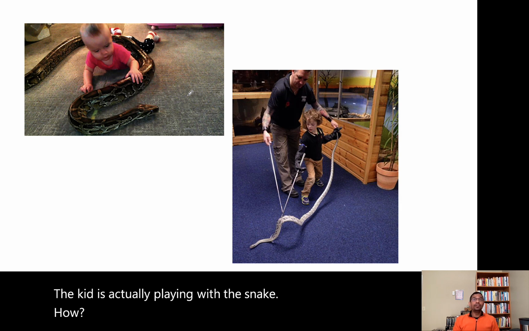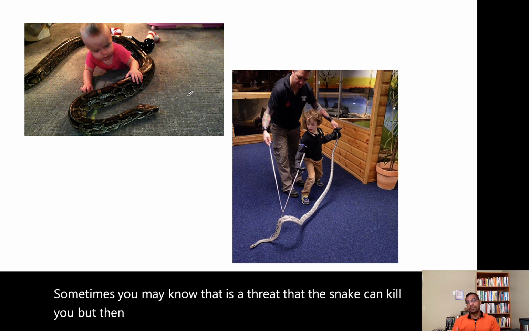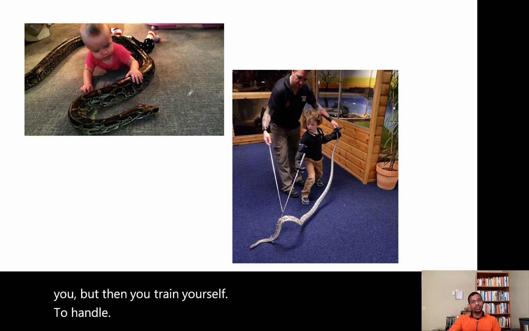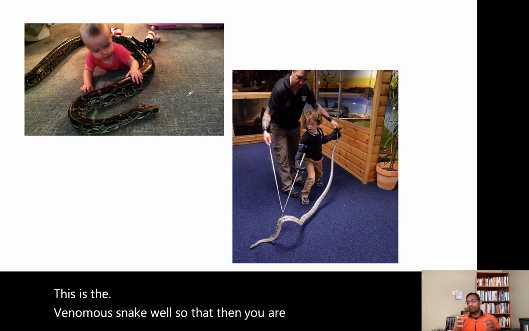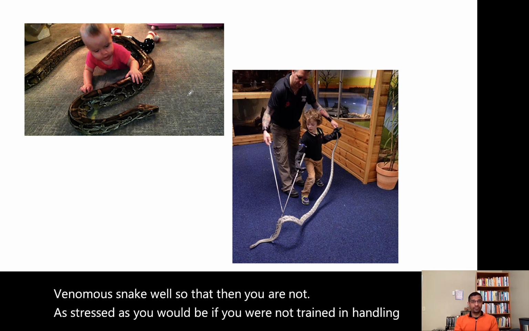Sometimes you may know that it is a threat, that the snake can kill you, but then you train yourself to handle this danger, this venomous snake, so that you are not as stressed as you would be if you were not trained in handling snakes, right?